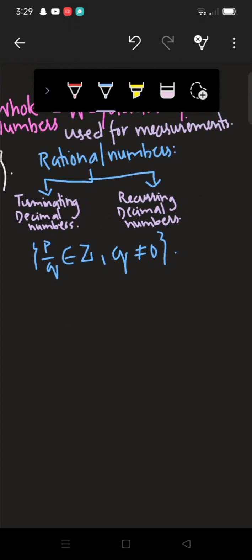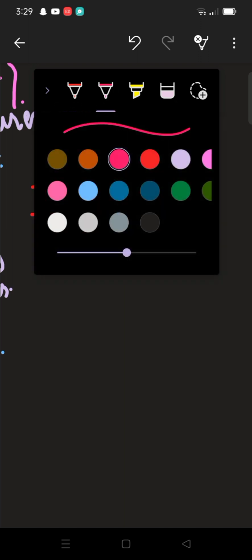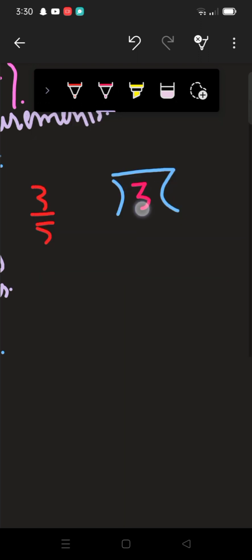Alright, so let's go with an example. We have 3 upon 5. Now let's divide this number. We know that inside the divisor bracket, we need to put the numerator first. So the numerator here is 3 and 5 we need to put outside.